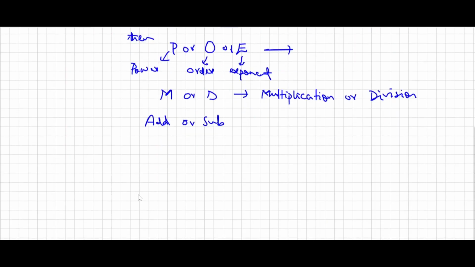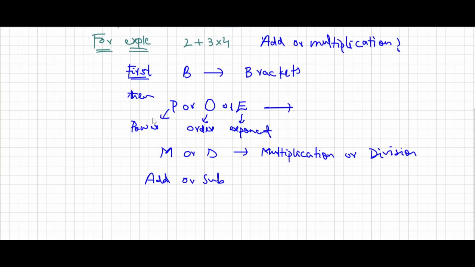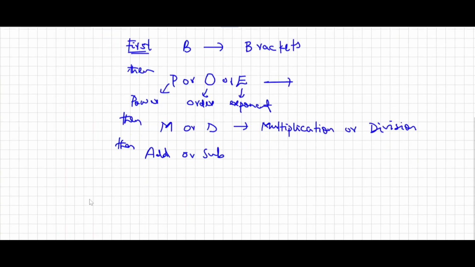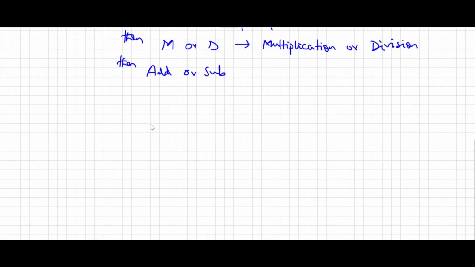For remembering this kind of thing: B for brackets, P for power, M for multiplication, and then addition. So if you want to remember the order of operations: B for brackets, O for order or power, D for division, M for multiplication, and then A for addition, then S for subtraction.